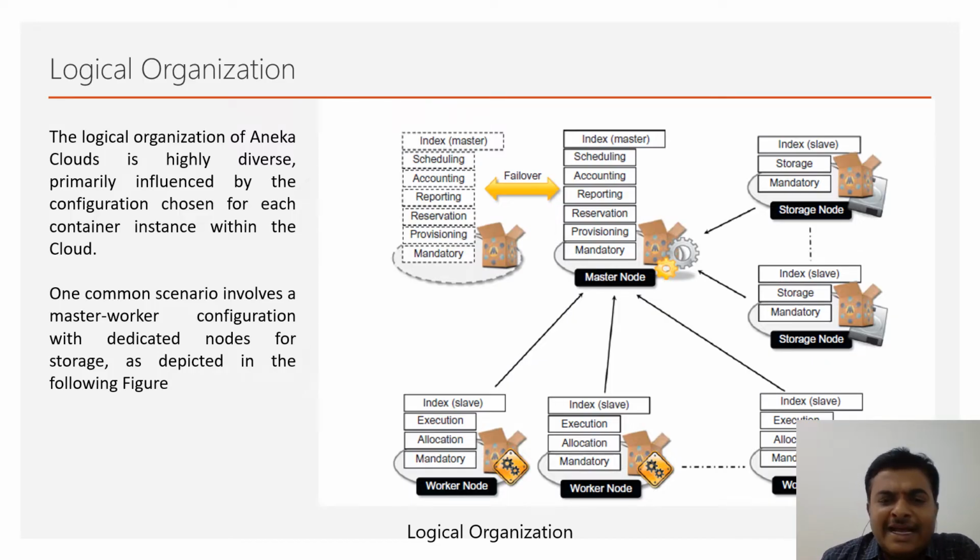So this is how logically the master node, storage nodes, and worker nodes are connected in the Aneka Cloud. It is highly diverse, primarily influenced by the configuration chosen for each container. There is a container which actually executes the application. One common scenario involves a master-worker configuration with dedicated nodes for storage. As we have seen in the diagram, this is how all these master, worker, and storage nodes are connected to each other.